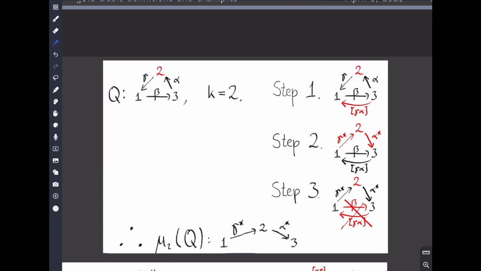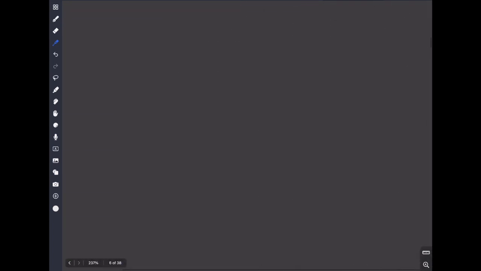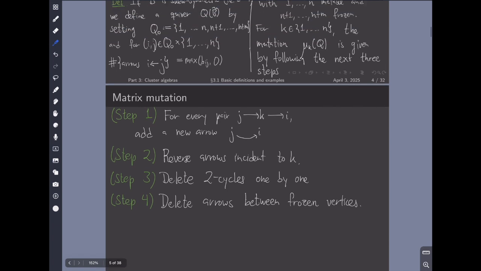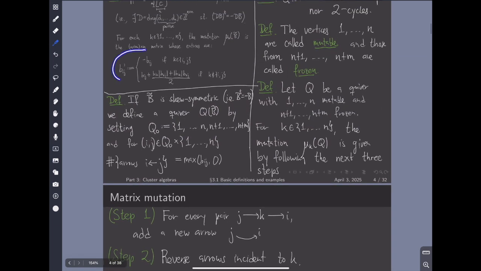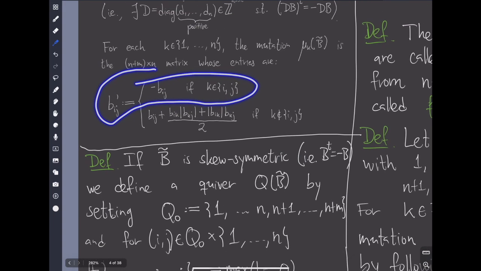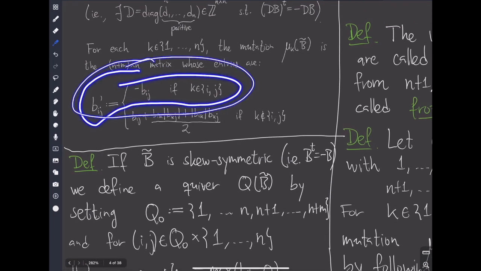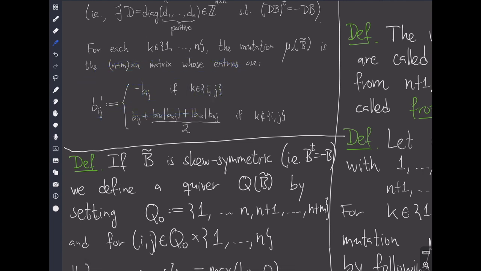And if you think about that, it corresponds precisely to negating the entries incident to K, where K is either I or J.